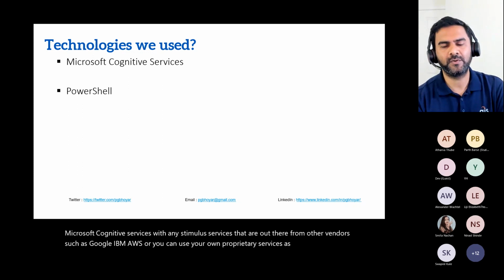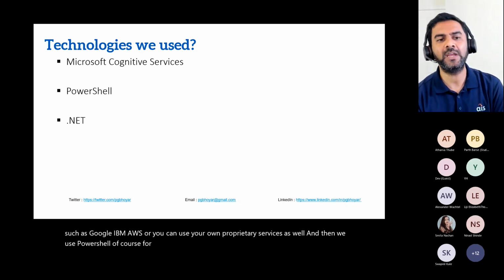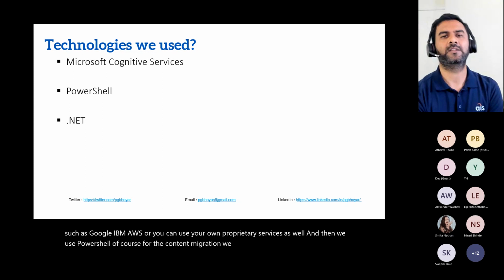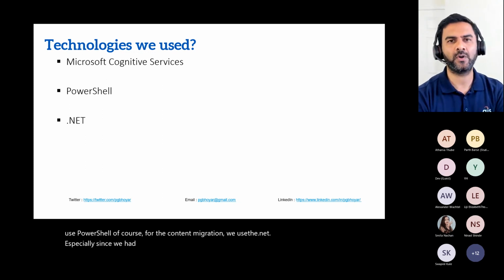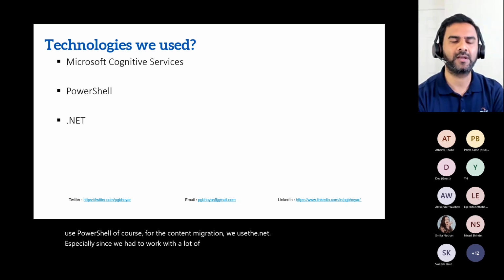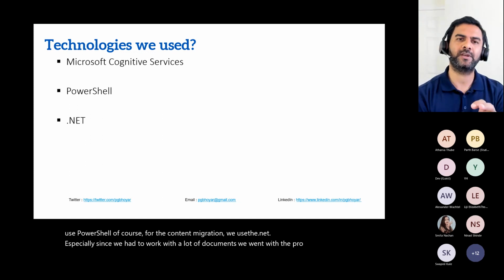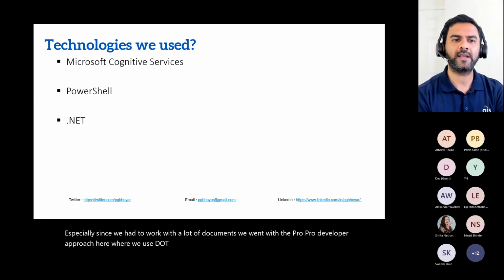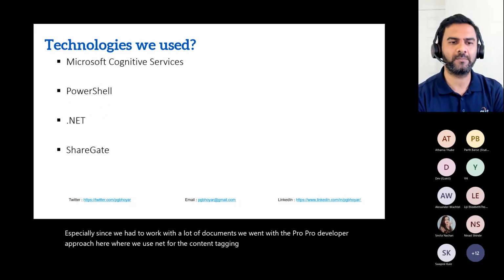And then we use PowerShell, of course, for the content migration. We use .NET, especially since we had to work with a lot of documents. We went with the pro developer approach here, where we use .NET for the content tagging, and we use PowerShell for the content migration.